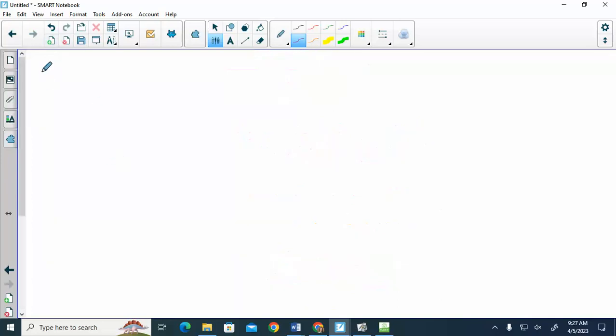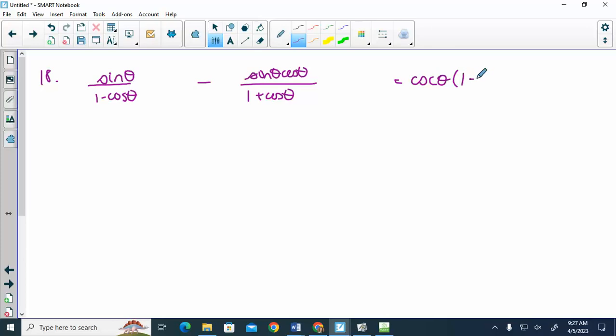Let's look at 18. Which side did you box in?